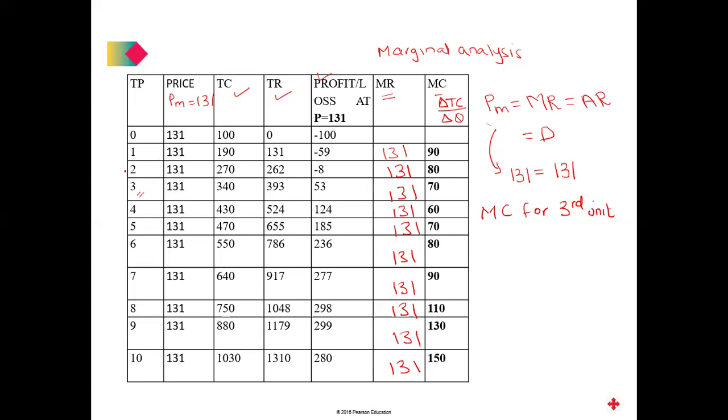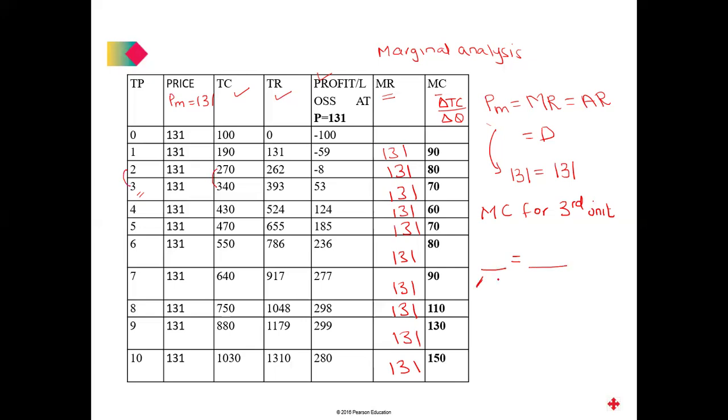What is the change in total cost when I increase my production from 2 to 3 units?